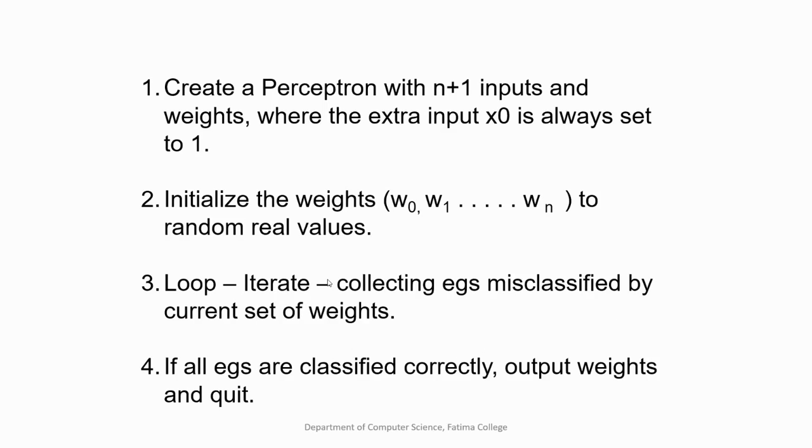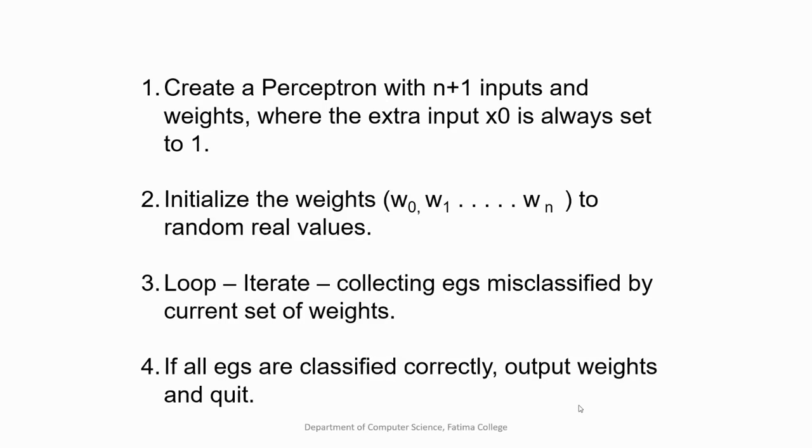Now the process starts. The first step says you have to create a perceptron with n plus 1 inputs and weights. Earlier I said you make use of n inputs, but it is actually n plus 1 inputs, where there is an extra x naught which is always set to 1. It is set to 1 so that the perceptron will not fail at any point of time.